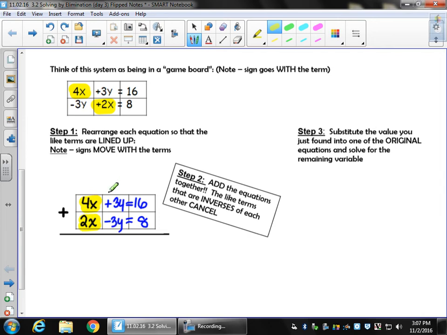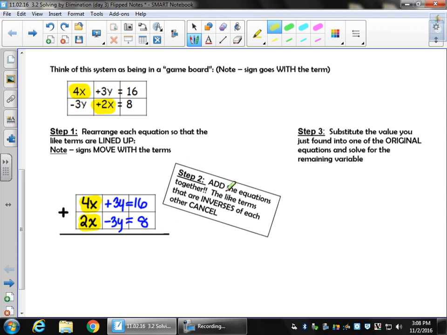If you're using 2 colors, you could maybe put this in green or pink or your other color. Otherwise, we'll kind of treat like no color as a color. So my x terms are lined up, my y terms are lined up. So step 1 is accomplished. We have rearranged so that like terms are lined up.